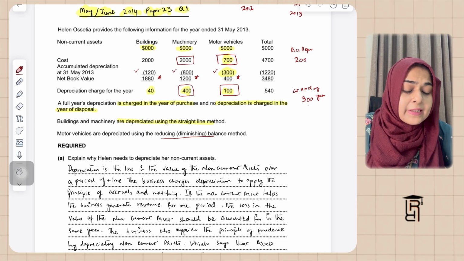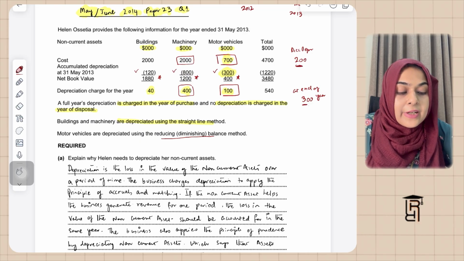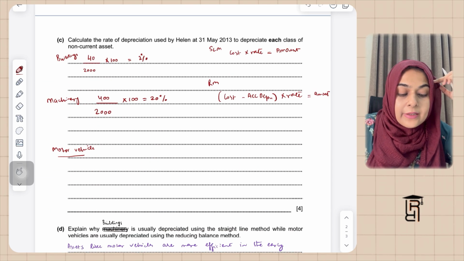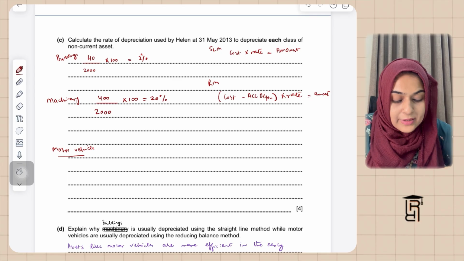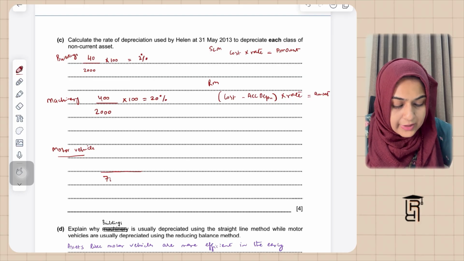What I'm trying to say here is that accumulated depreciation at the end of the year is 300 and accumulated depreciation at the start of the year was 200. So when we calculated the depreciation, the cost at the start of the year was 700 and the total depreciation at the start of the year was 200.